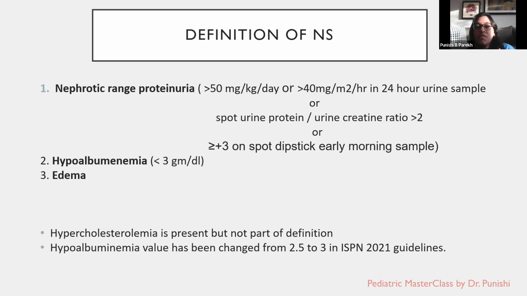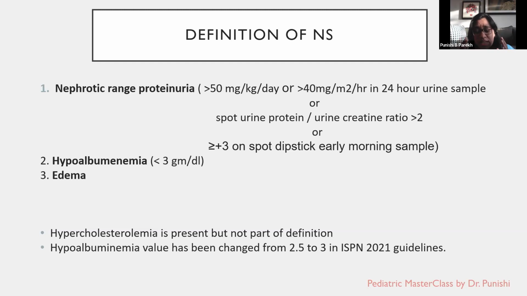When you have more than 50 milligram per kilogram per day, or more than 40 mg per meter square per hour, both in a 24-hour urine sample, you need to collect the sample over a 24-hour period and estimate the amount of protein present in the urine. If it's more than 50 mg per kg per day, or more than 40 mg per meter square per hour, then you would call it nephrotic range proteinuria.